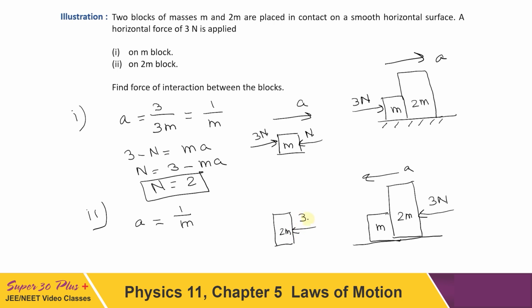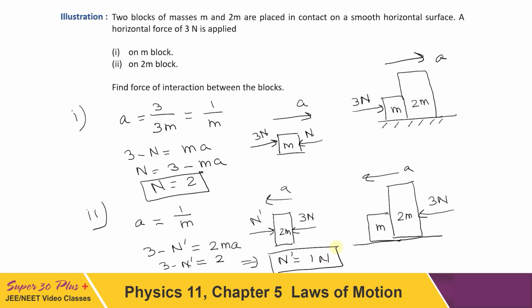This is 3 Newton, and from here the interaction force, let this time it be N dash. Then 3 minus N dash is equal to 2ma, and on substituting the value it will be 2. So N dash we got is 1 Newton. This time the interaction force between m and 2m has become 1 Newton.